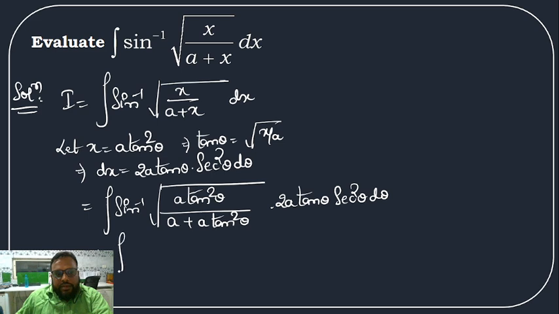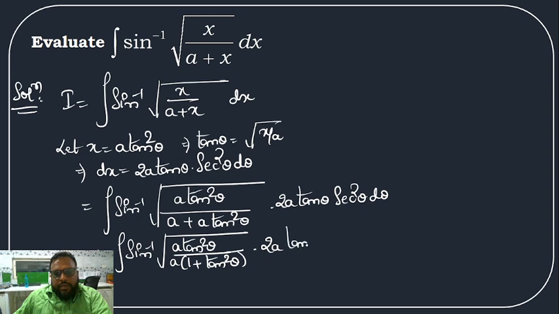So this will be integration of sine inverse under root of a tan square theta by, if I take a common, 1 plus tan square theta, into 2a tan theta secant square theta d theta.